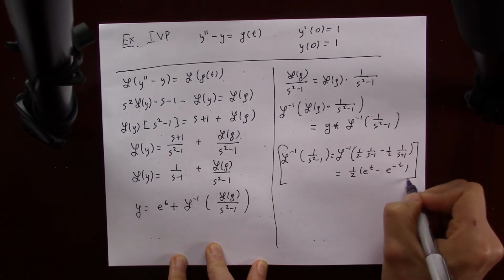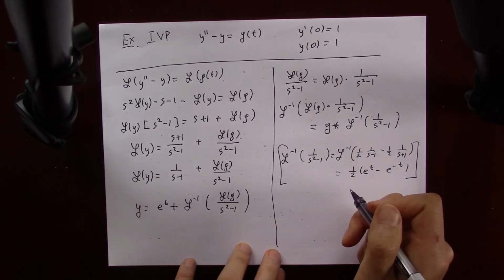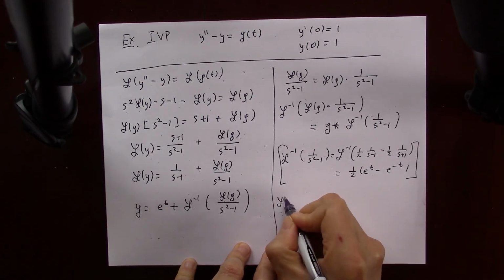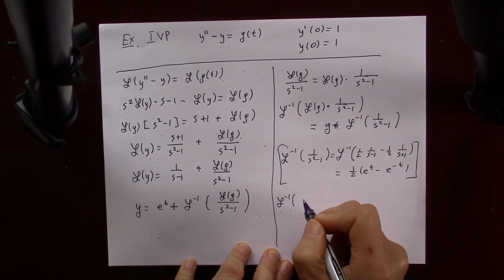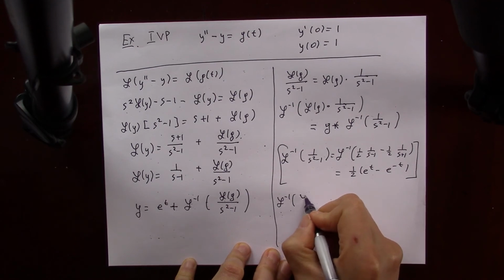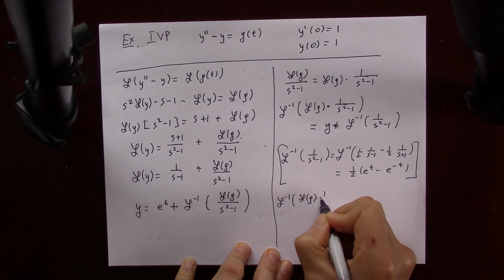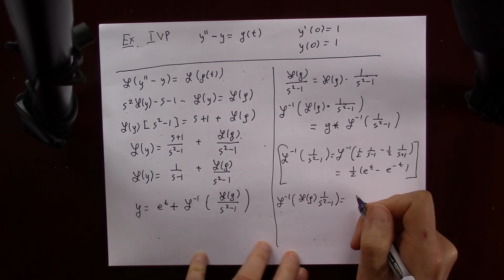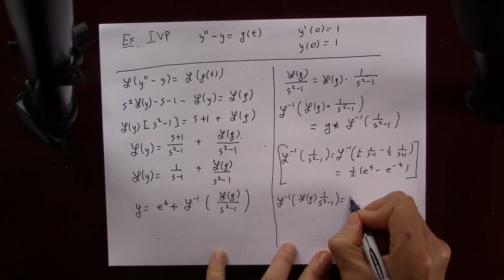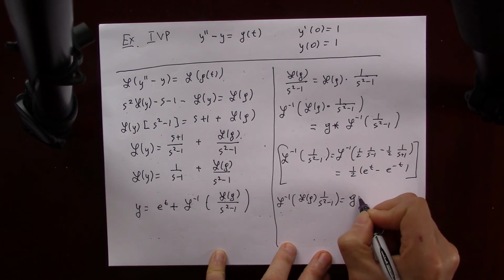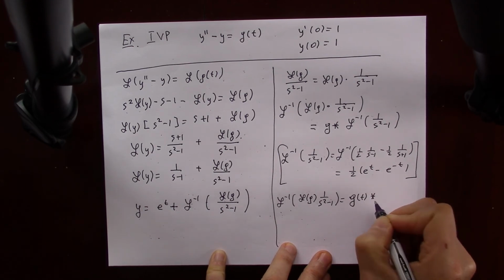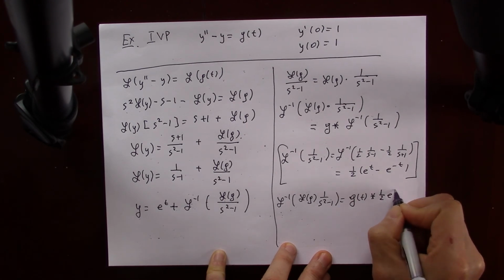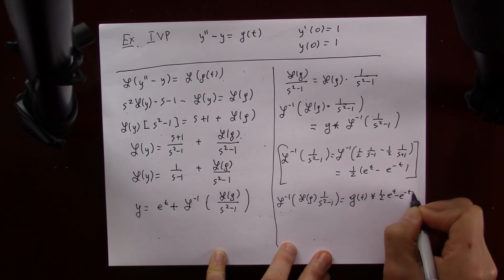So if we know that, then we substitute it here, and we're going to get Laplace inverse of Laplace of g times 1 over s squared minus 1 equals g of t convolution with 1/2 times (e to the t minus e to the negative t).